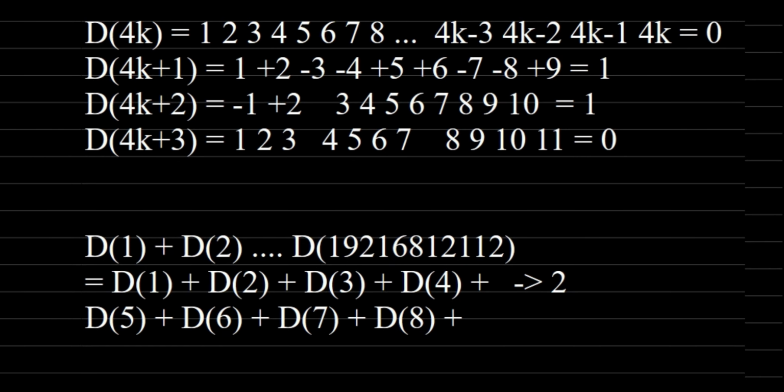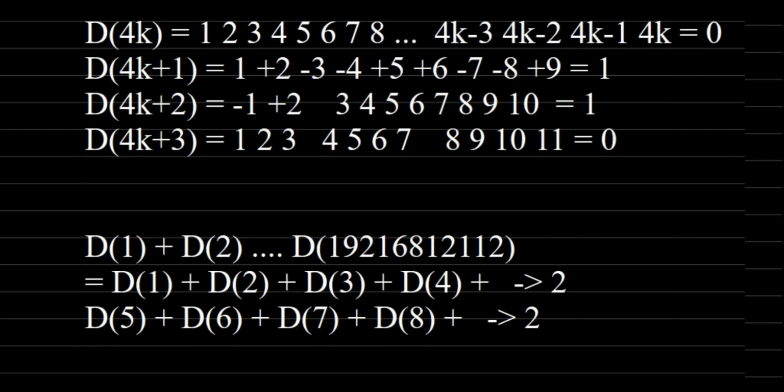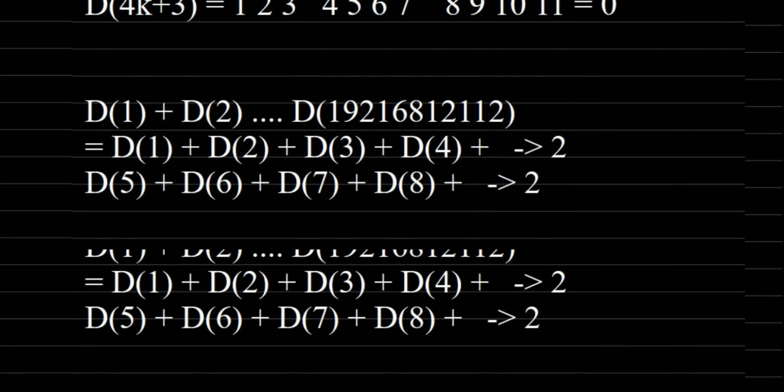So this is repeating, and this is very useful to calculate the final result. So here also we'll get a 2. We can see from the last two digits of this number, this is actually divisible by 4. So for every group of 4, we get an answer 2. And we have to sum it all the way through till this number.